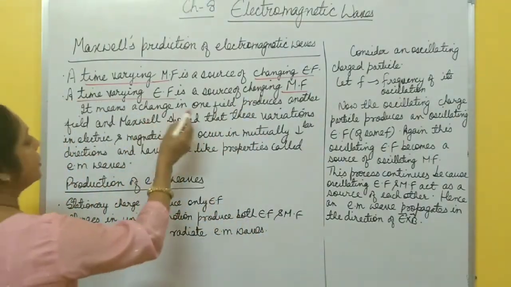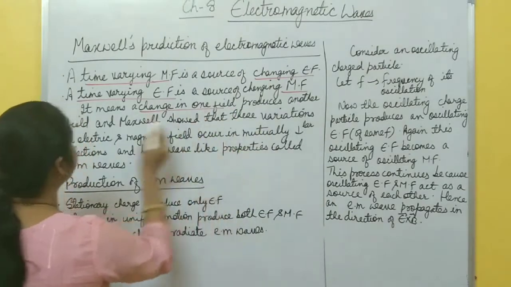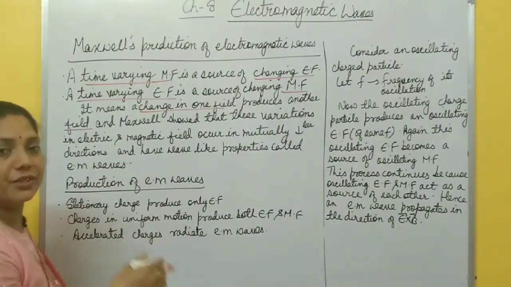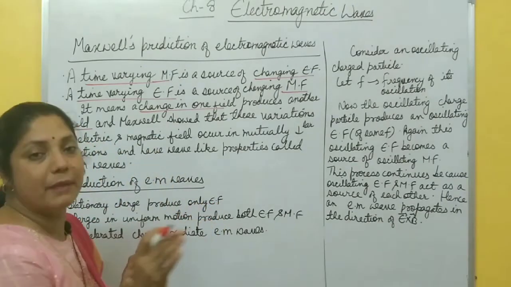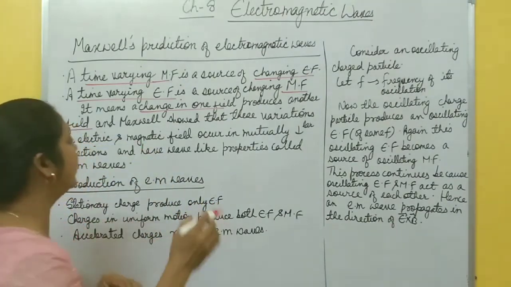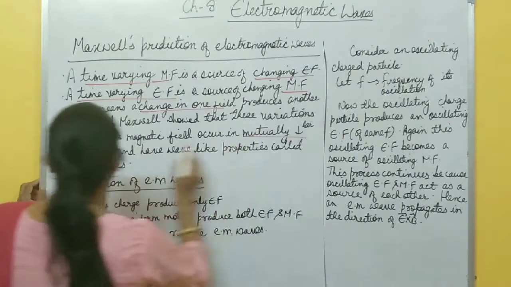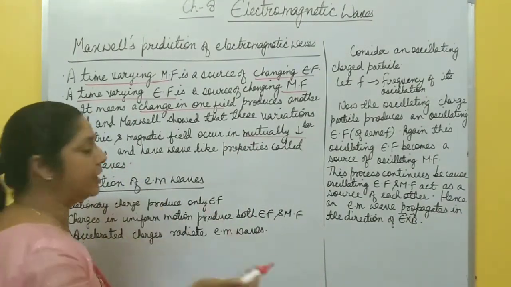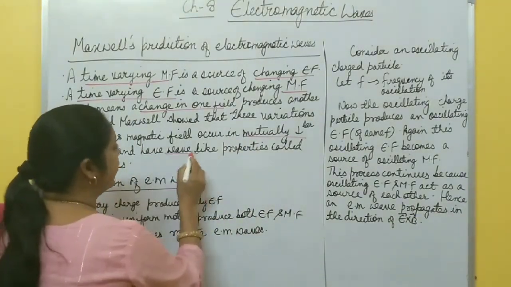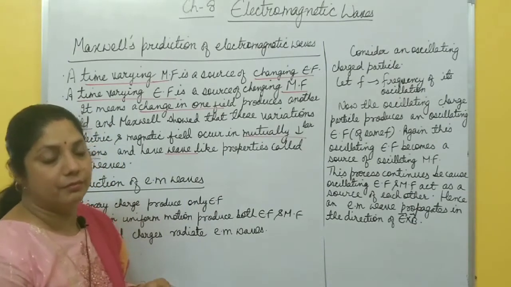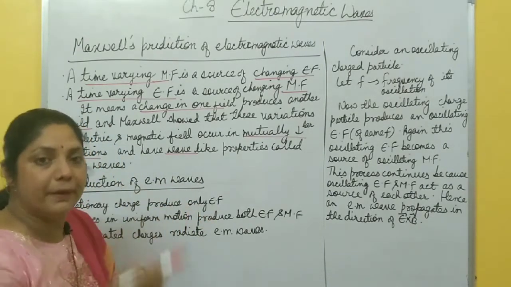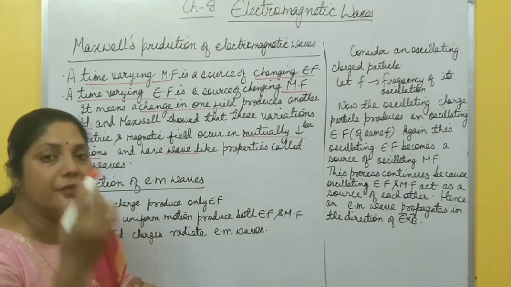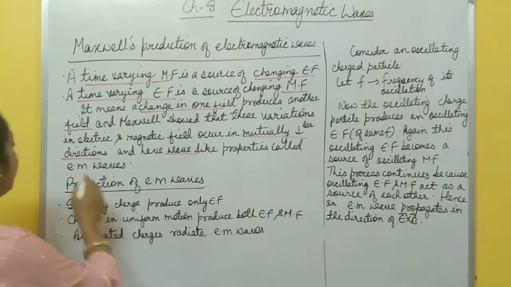It means a change in one field produces another field, and Maxwell showed that these variations in electric and magnetic field both occur in mutually perpendicular directions and have wave-like properties. Hence, that wave in which both electric and magnetic fields oscillate perpendicular to each other and have a wave-like structure is called an electromagnetic wave.